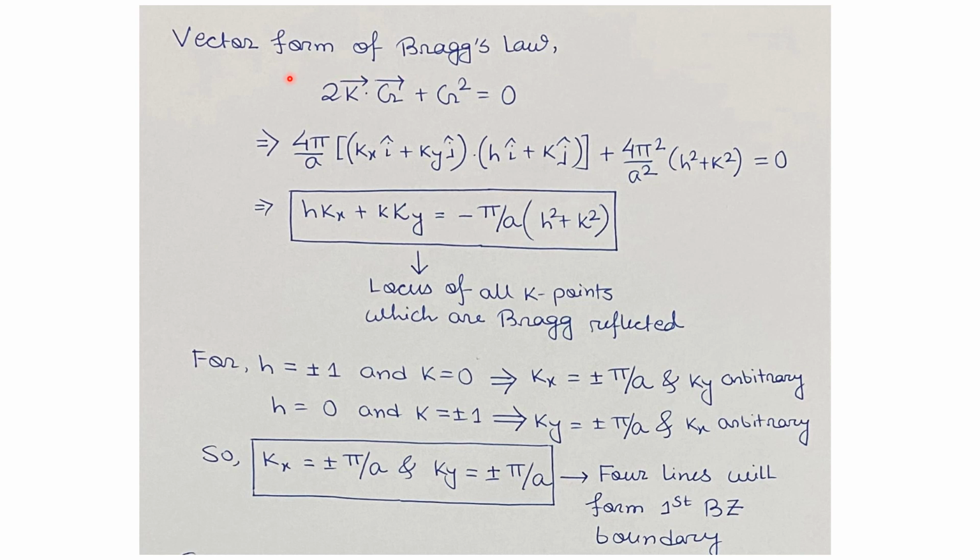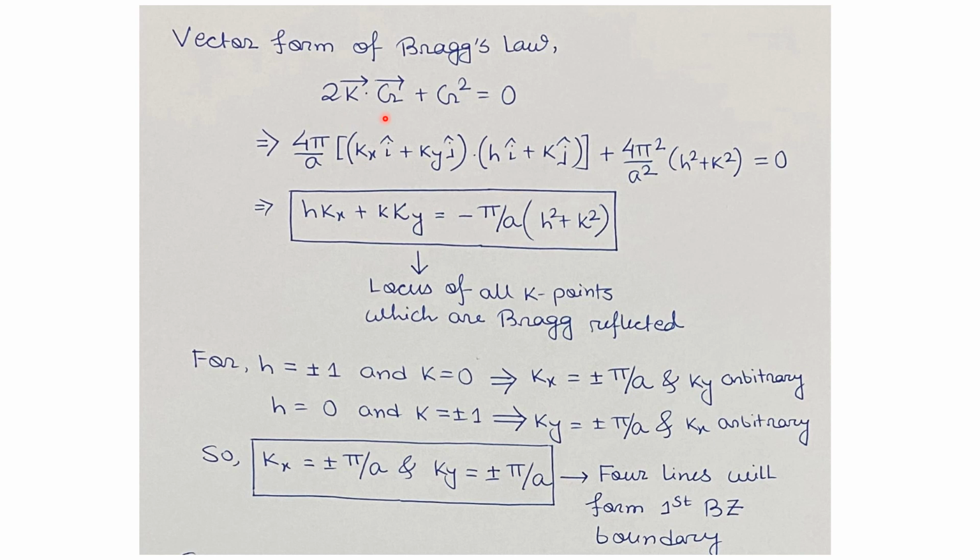The vector form of the Bragg's law is given by this equation. This equation is 2 times k vector dot product with g vector plus g square equals to 0. From the earlier slides, we have already seen this k vector is the wave vector in the kx ky plane. So this k vector will be kx i cap plus ky j cap.